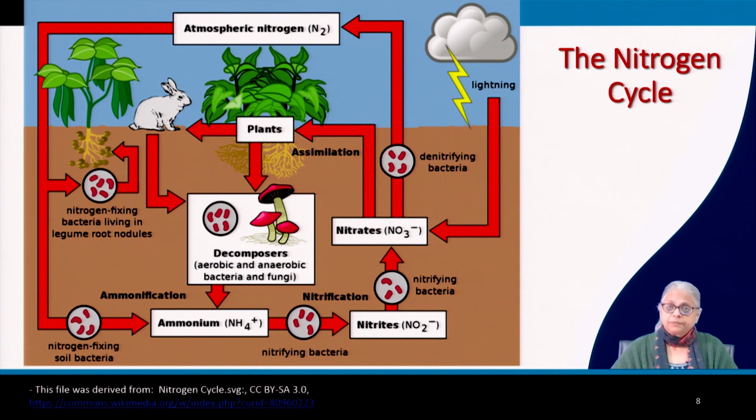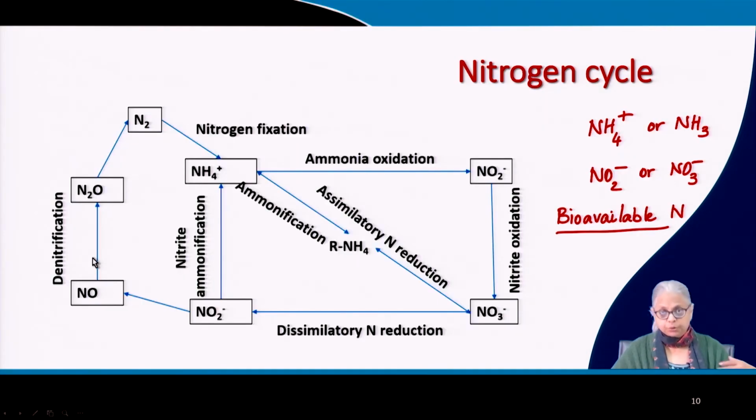This nitrate is then, under certain conditions, converted by denitrifying bacteria to various gases. So nitrogen gas, nitrous oxide, all these are gaseous outputs from the denitrification process.